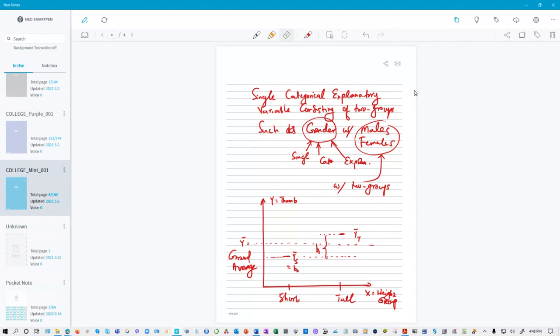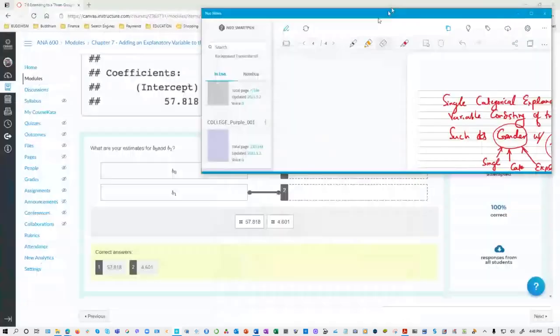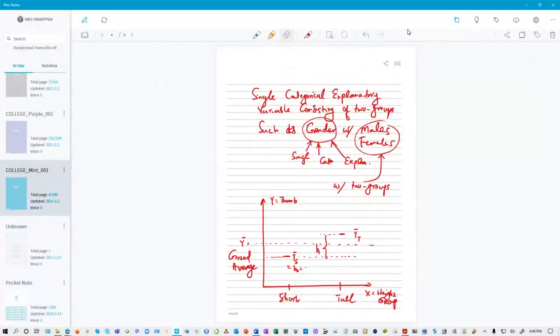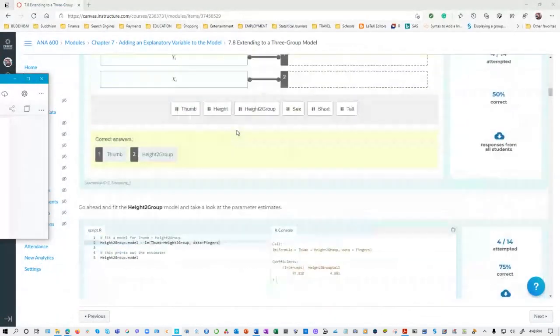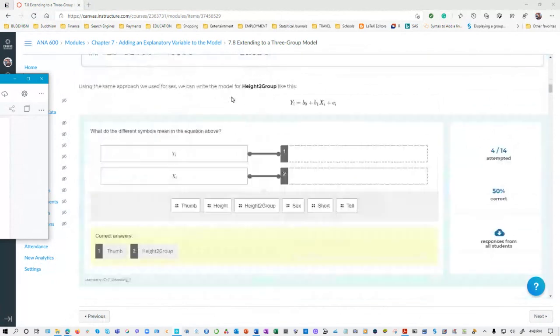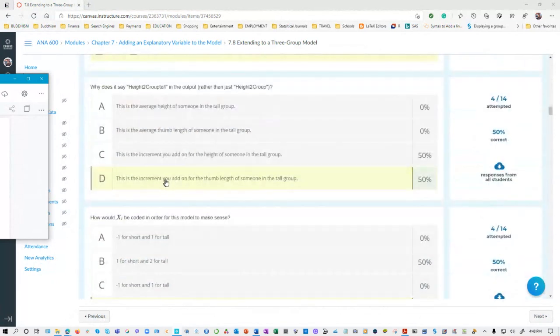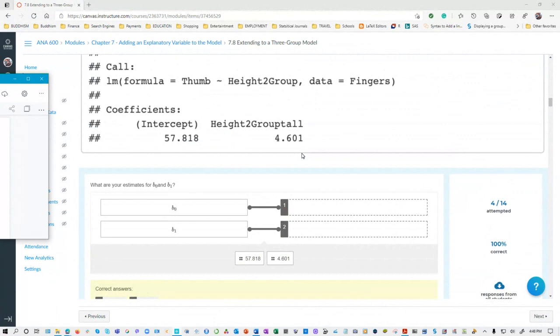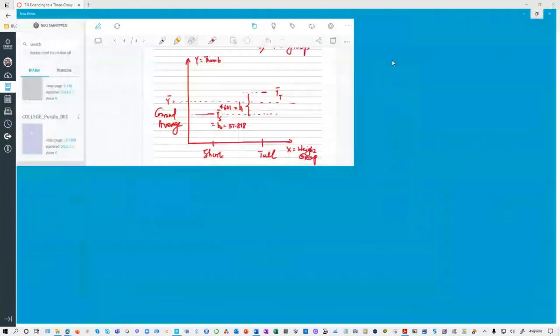That's the Y, B naught, which in this case is 57.818, and B1 is how much you have to add, the increment you add on to the thumb length for someone in the tall group, 4.601.